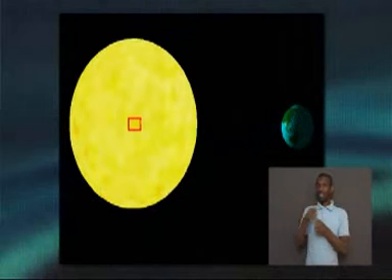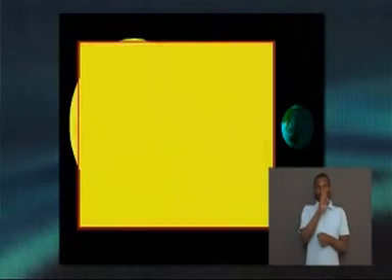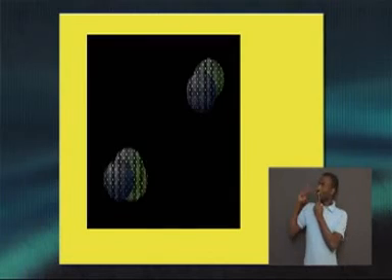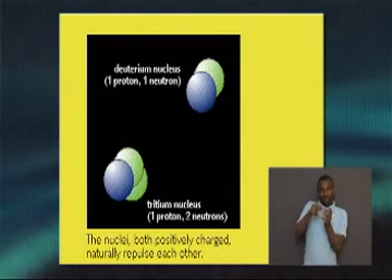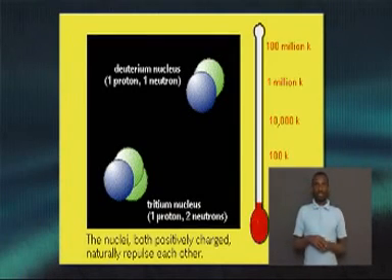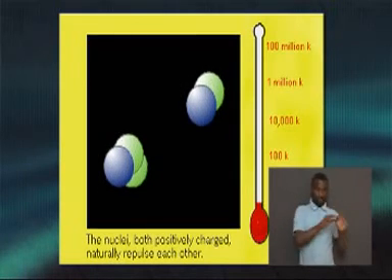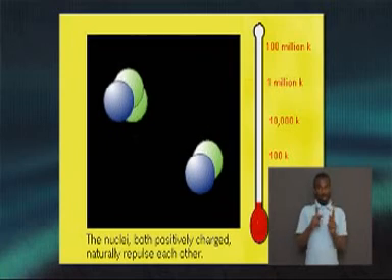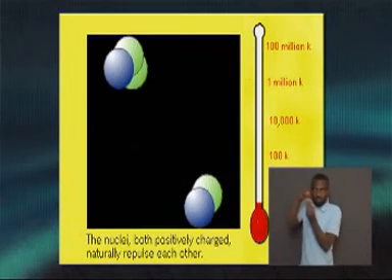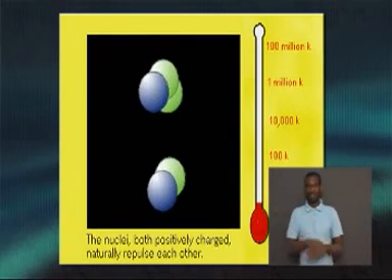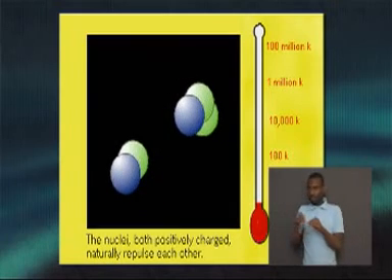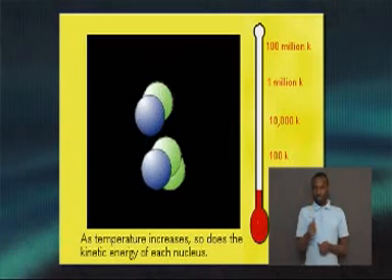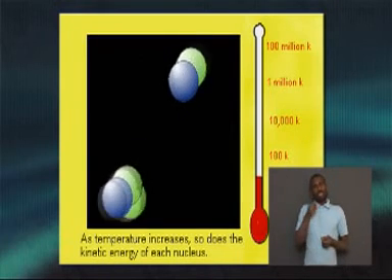Here we see a depiction of the fusion of deuterium and tritium. The nuclei, both positively charged, naturally repel one another. As temperature increases, so does the kinetic energy of each nucleus. Each nucleus moves randomly at progressively higher speeds.